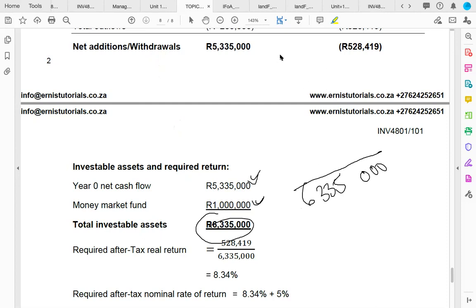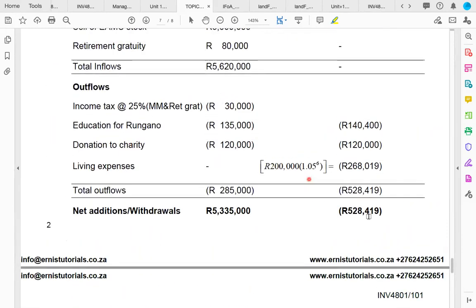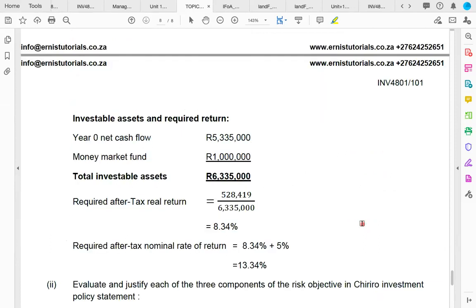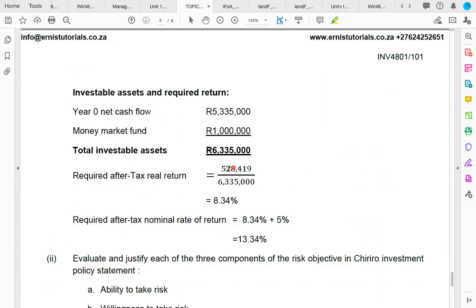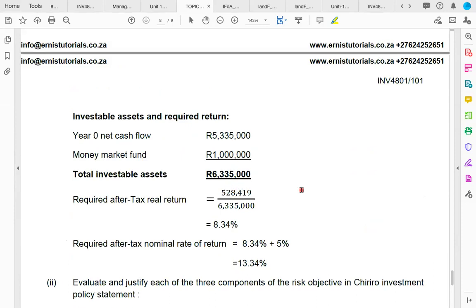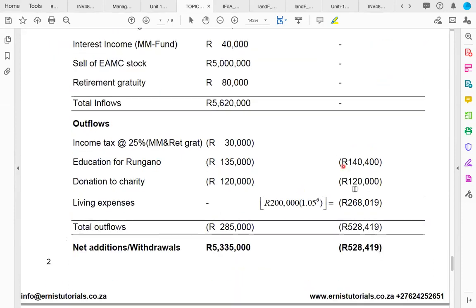And then we've also seen that given the outflows and inflows that are going to occur over the end of the year, she's going to end up spending 528,419. So this is going to be the total amount of money going out as a result of the education, donation, living expenses over the course of the year.